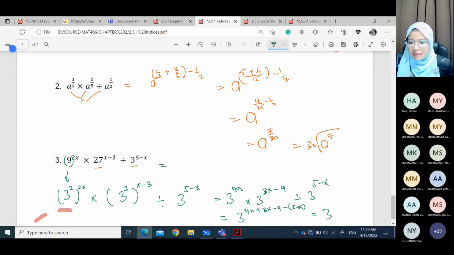So minus dia akan ditambah. So 7x plus x, we have 8x. Minus 9 minus 5, we have negative 14. So jawapan dia adalah 3 to the power of 8x minus 14. Dapat tak jawapan dia ni?